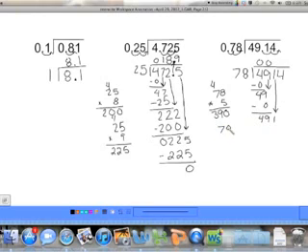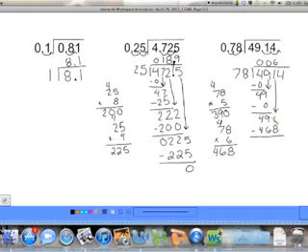So I know we can fit in another 78. 6 times 8 is 48. 6 times 7 is 42, 43, 44, 45, 46. Perfect. So we know 78 can fit into 491 6 times, and that is 468.